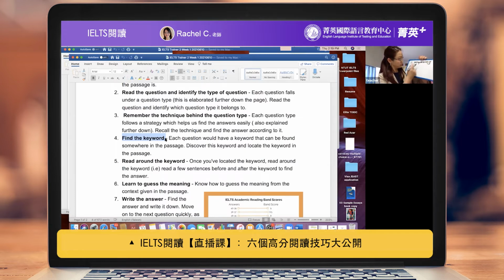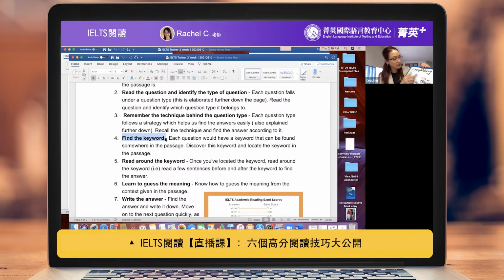For example, you can have words like subconscious, but actually they say hidden thoughts. That means they try to use the same idea, but they change the word a bit.